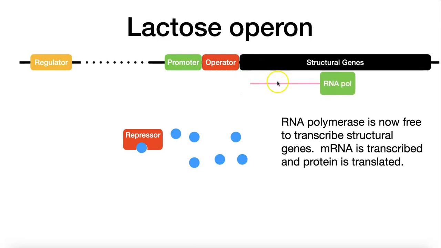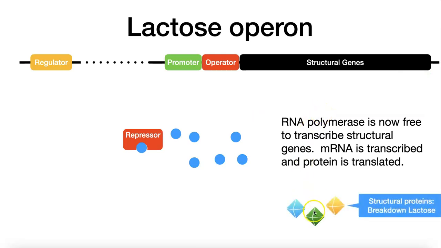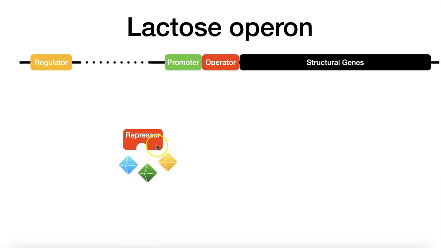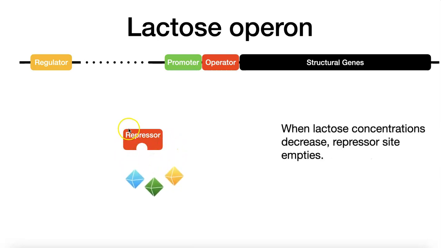And so it's going to make RNA, as shown here in pink, and then that RNA can be used to make proteins. Here are the proteins that break down lactose, and that's exactly what they do. They metabolize lactose, and they're going to keep doing that until the lactose concentrations are depleted.